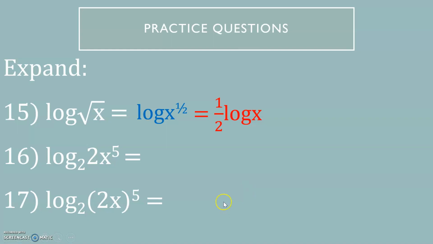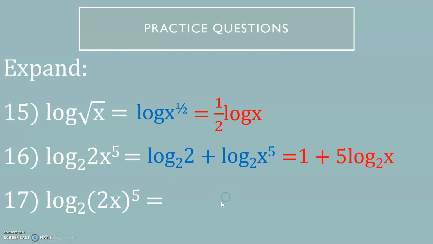In number 16, I will expand 2 and x to the 5th with addition. Add the exponents. And then I will follow up with this exponent being written as a coefficient and simplifying log base 2 of 2. We consider that fully expanded. For number 17, however, the entire thing, the entire argument, has an exponent of 5.